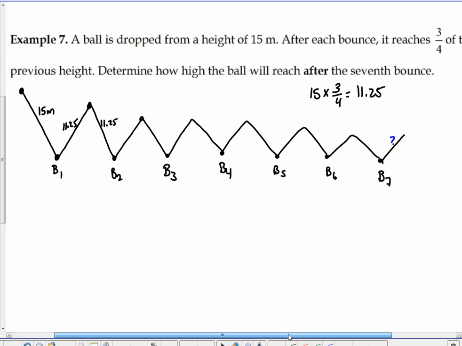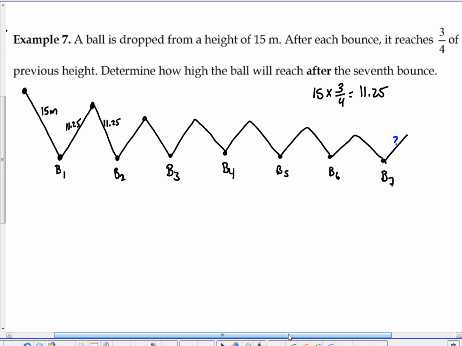Okay. Now there's 2 options on how you set this up. The first is, and how we set it up differently is where we make our first term. Okay. Now we want to find this height here after the 7th bounce. That's what we're looking for. So what I'm going to do is take all of these heights, and those are going to be my terms. Okay? So if I do that, that means I'm going to make term 1 11.25.